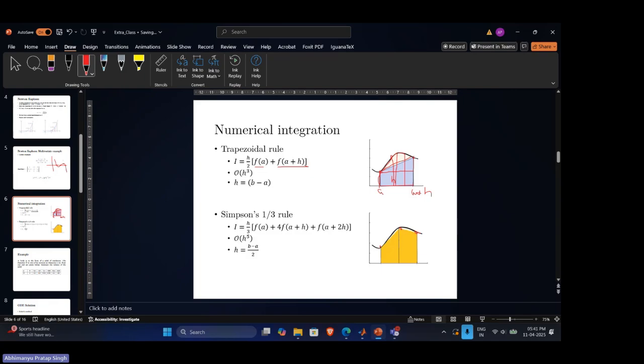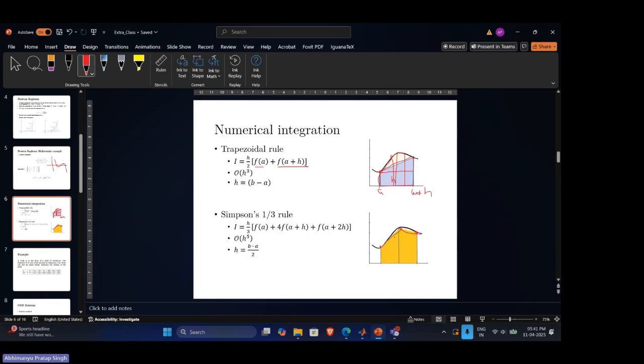So we approximate this using two straight lines. If you look at the mathematics of this, then basically Simpson's 1/3 rule is like a second order approximation to this. But for simplicity, I have just joined them using two straight lines.